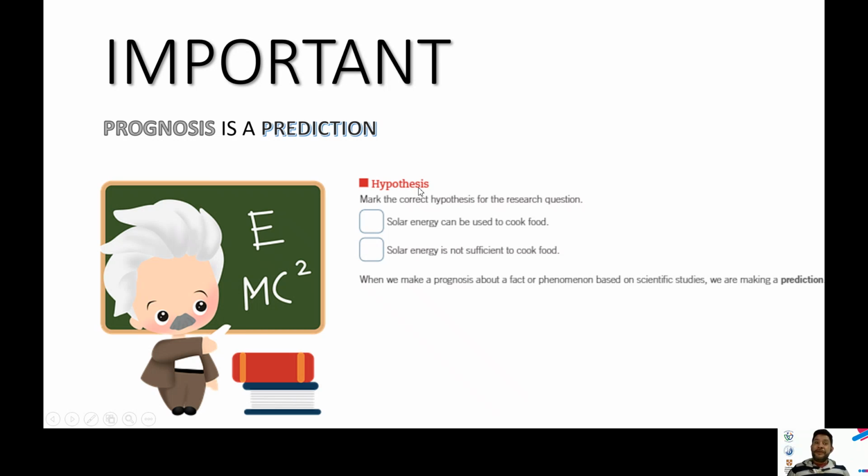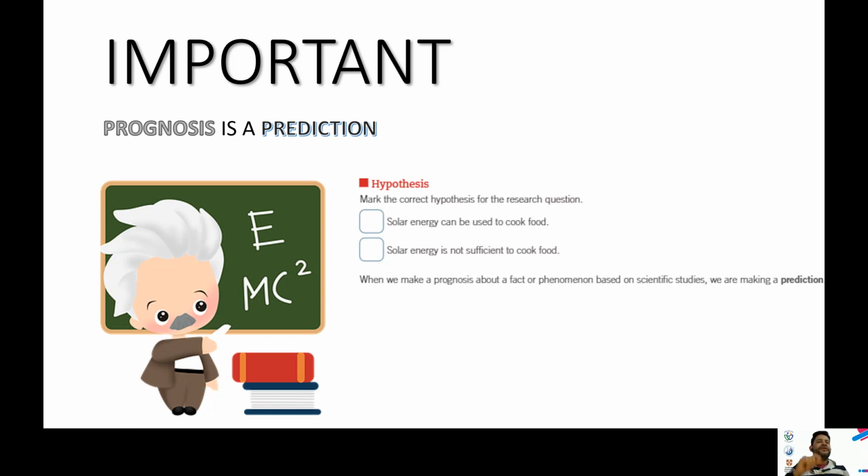Okay, guys, here you have in your book an exercise. Make the correct hypothesis for the research question. And you have two options, but only one is the correct. Number 1 says, solar energy can be used to cook food. Or solar energy is not sufficient to cook food?